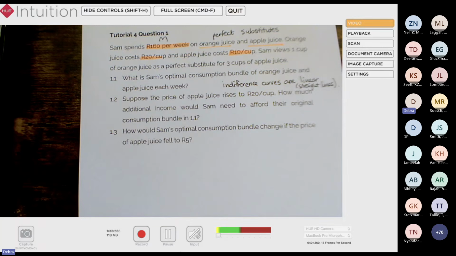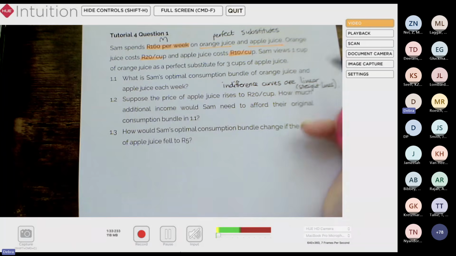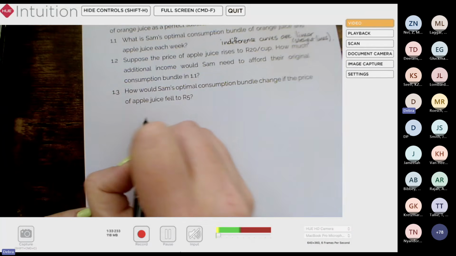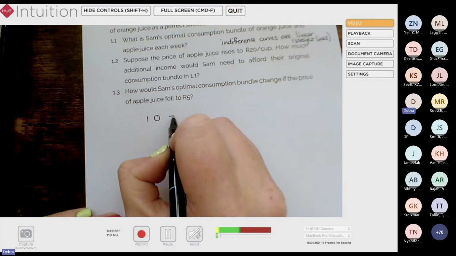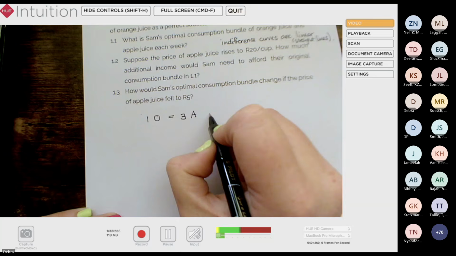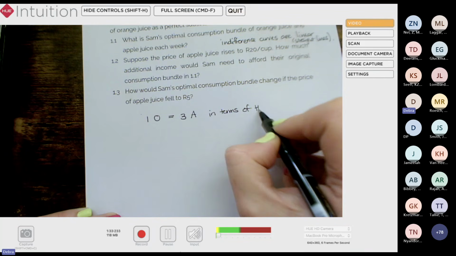The reason is because if in your mind as this consumer, you have 1 cup of orange juice, and instead of having that 1 cup of orange juice, you may as well have had 3 cups of apple juice, that tells me that 1 cup of orange juice is equal to 3 cups of apple juice in terms of the benefit it gives Sam.